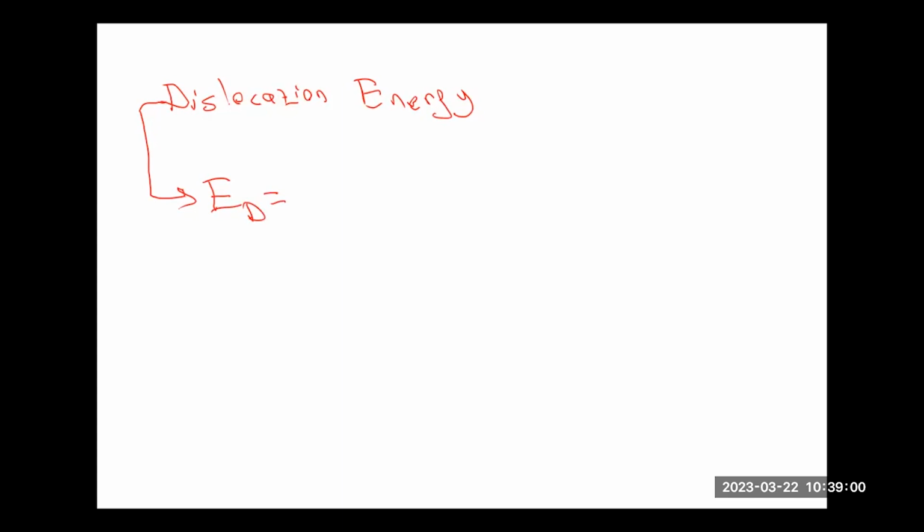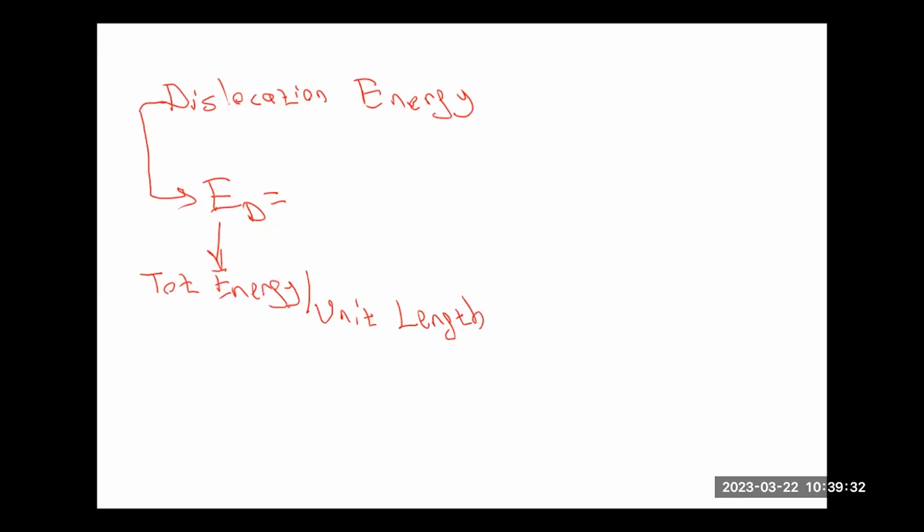I see. So what are the two main components of the dislocation energy? This is the total energy per unit length. What are the two main components?